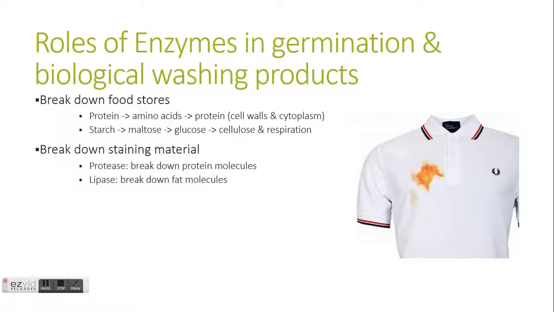Now this is very useful for washing the stain, as both fatty acids and amino acids are soluble in water, which means they can be washed off much more easily than in protein or fat state.